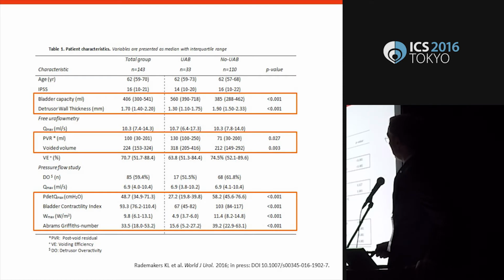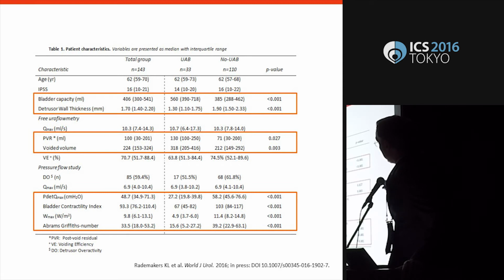And what we found out, in the group of detrusor underactivity, which we defined clinically by exclusion. So a patient with post-void residual urine, without urodynamic obstruction and without dysfunctional voiding, but still with post-void residual, must have detrusor underactivity, right?